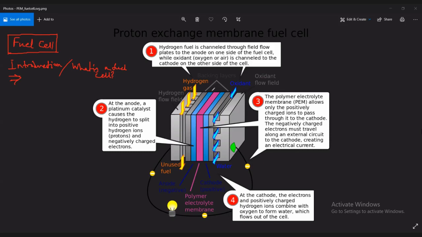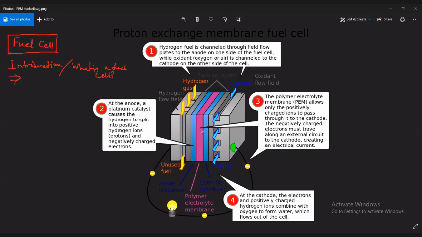It is seen very clearly here, and the function of anode is that it can dissolve the hydrogen atom into an ion and electron. So if we dissolve the hydrogen gas, then we get a proton and electron, and the dissolve process starts from the hydrogen gas chamber up to the anode. So this is the function of anode. So the hydrogen gas dissolves into proton and electron here, this portion.